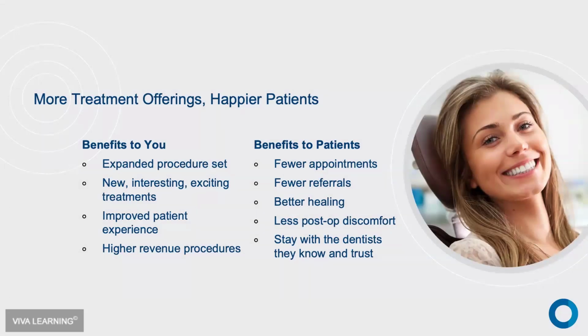New revenue procedures. I mean, this kind of opens up the door to things like in the CDT codes in the 4,000s, the 7,000s, even if you're in network for certain plans that generally have better negotiated rates because they're surgical procedures, right?